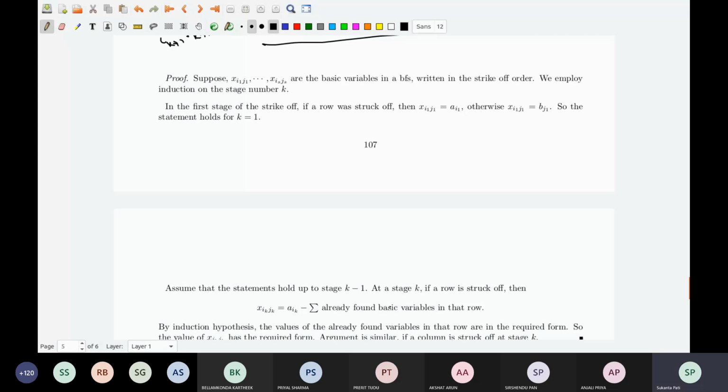Then in a BFS the values of the variables will be integers, because the values of the variables will be a combination of plus minus ai's and plus minus bj's. In particular, suppose all the ai's and bj's are given to be 1, not 0 or 1, just given 1. Why would you keep a 0 row anyway? So yeah, suppose they are given 1.